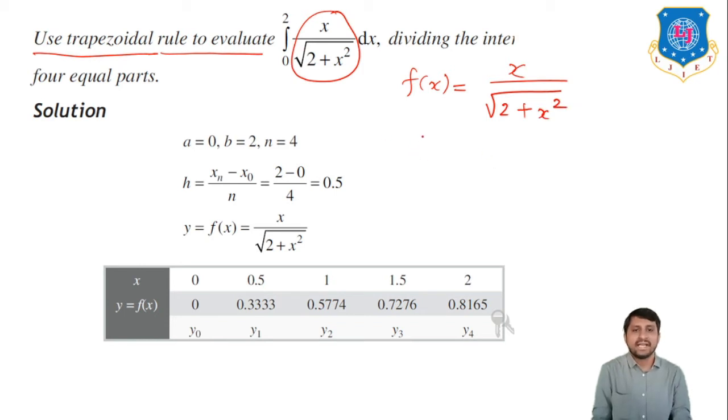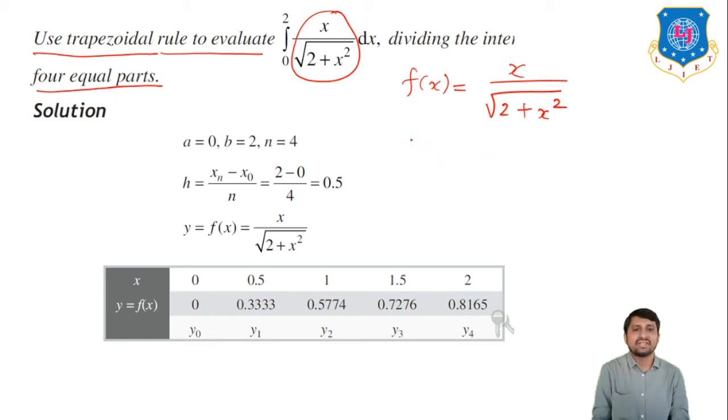x0 is 0, the first value of x, which is the lower limit, and this is the final value. Now divide the interval into 4 equal parts.